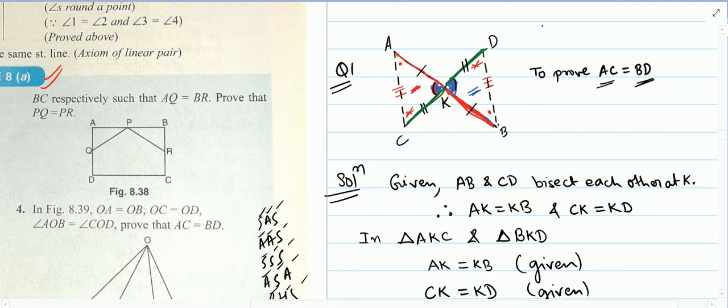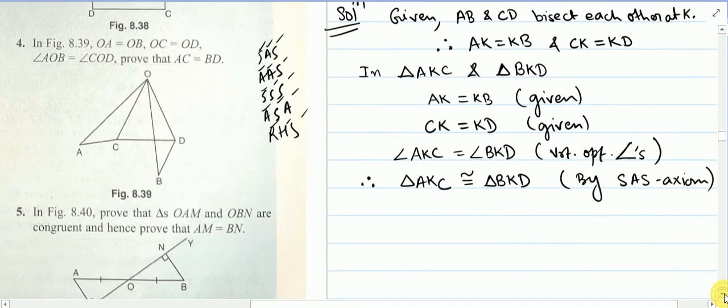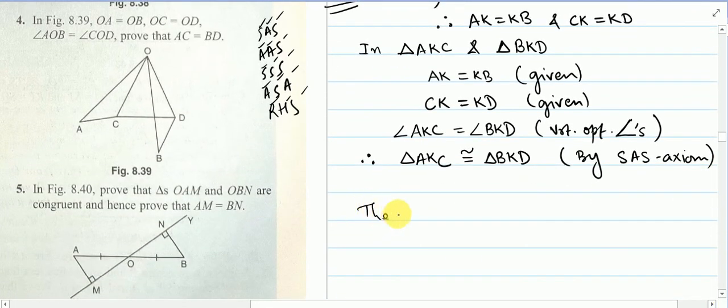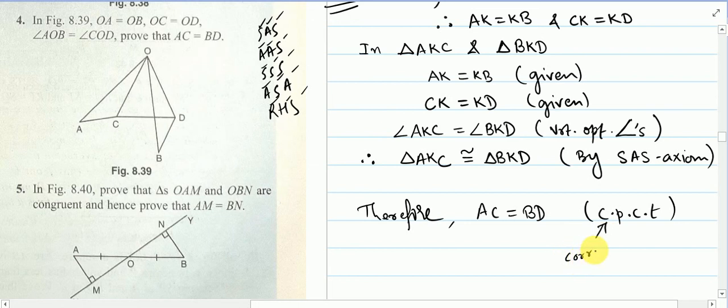So now I can write, therefore AC is equal to BD. Reason I will write CPCT.